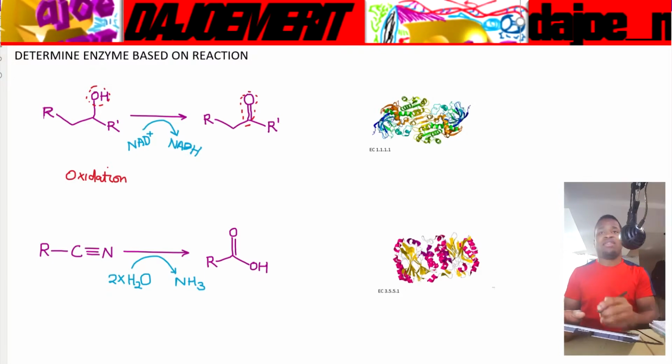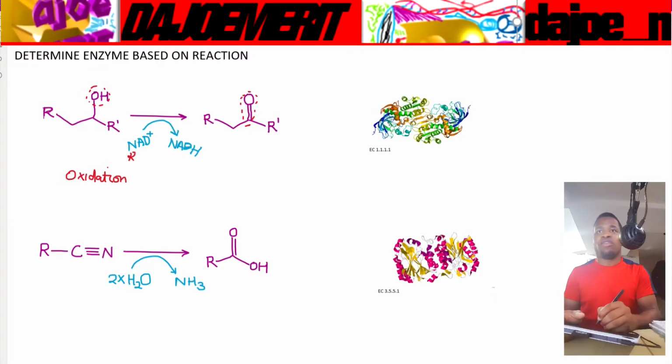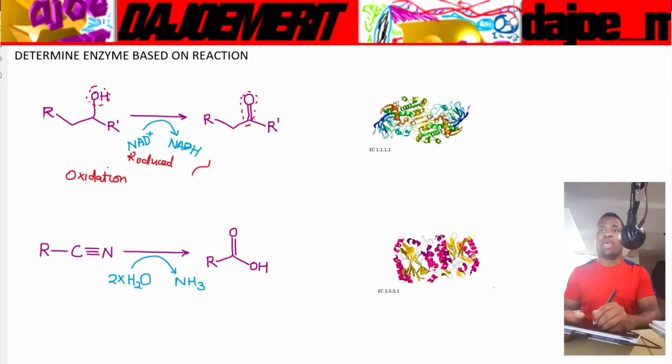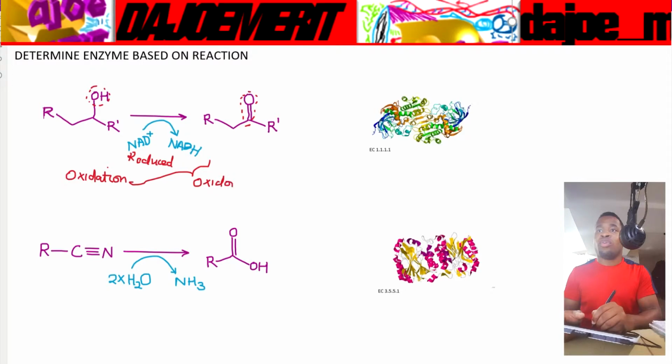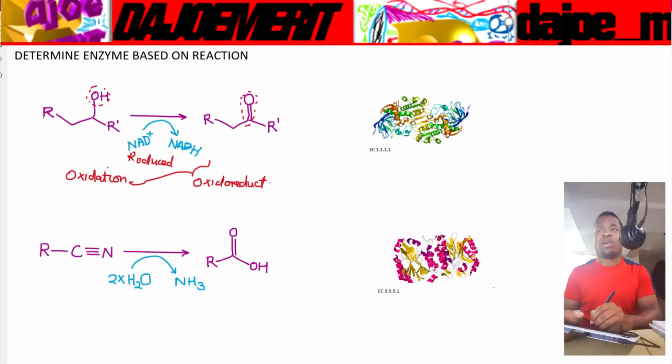So this is a reduced species, where there is a change in its chemical structure from no hydrogen to hydrogen present right there. As a result, we generalize this overall reaction to be called the oxidoreduction, or a redox reaction. So the enzyme that will be involved in this reaction is called an oxidoreductase.